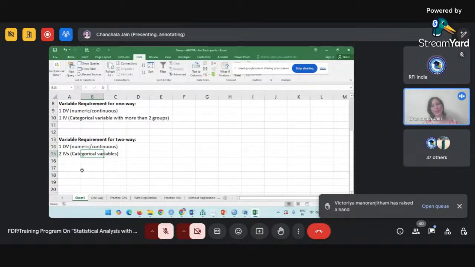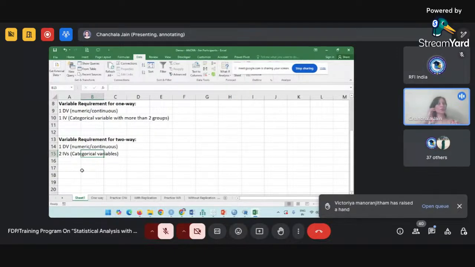In the case of with replication, you need to formulate three hypotheses. The first two will be of the main effect, meaning the single independent variable's effect on your dependent variable, and the third you will club both independent variables to see the impact on the dependent variable.